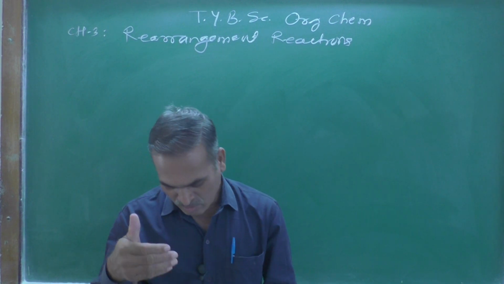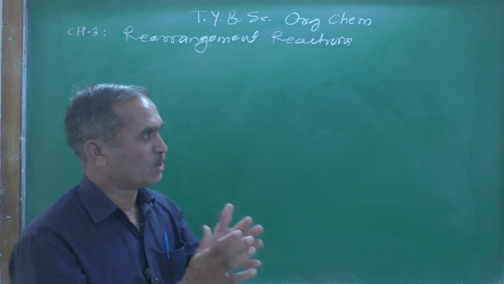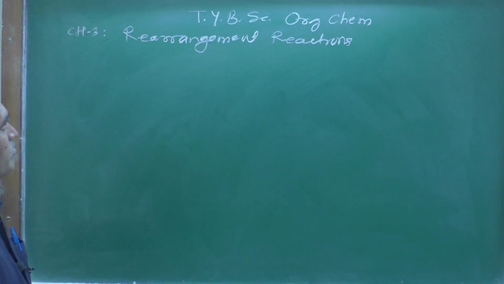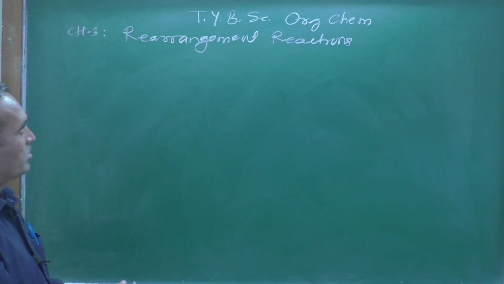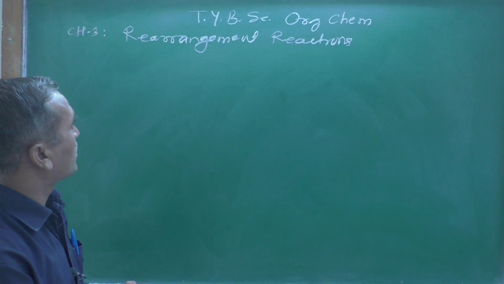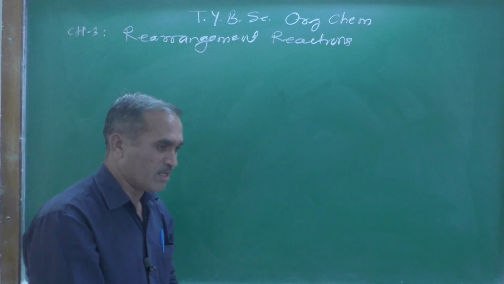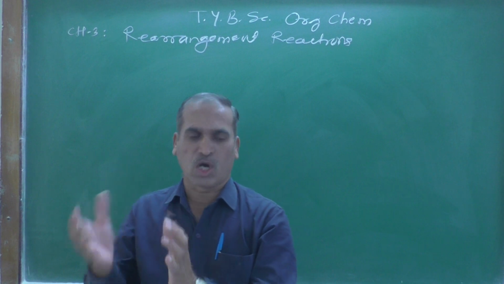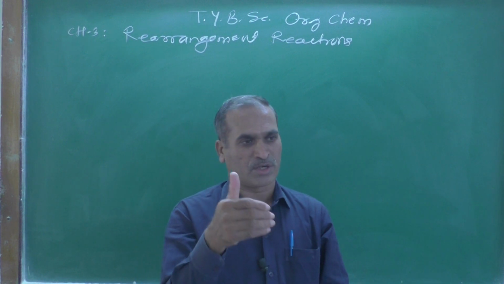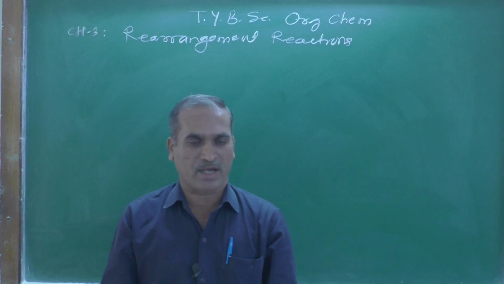So today what we are going to discuss, look here on the blackboard. There is written chapter number 3. The name of the chapter is rearrangement reaction. First of all, we will talk about the introduction of the rearrangement reaction.